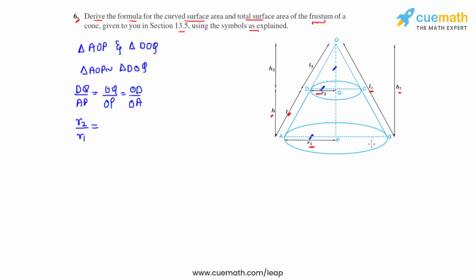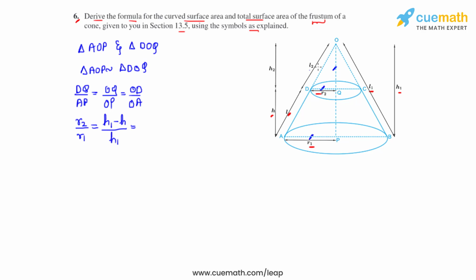We know that the total height of the bigger cone OAB is H1 and the height of the frustum part is H. So we can find the length of OQ by subtracting these two, and we get H1 minus H, divided by OP, which is H1. And that equals OD by OA.